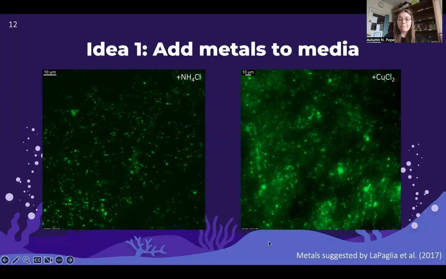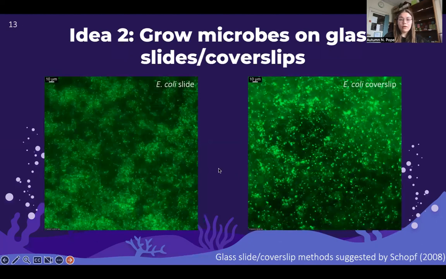Based on that, I found another paper that focused more on trying to induce motility or biofilm production on an actual surface, not just in liquid media, because you can't really tell if these microbes are making a biofilm and attaching to something if it's just in fluid media. This paper suggested that you use glass slides or glass cover slips to give these microbes something to attach to.